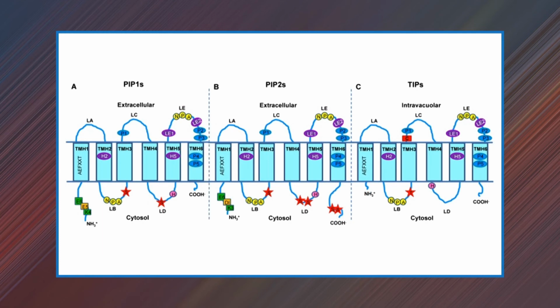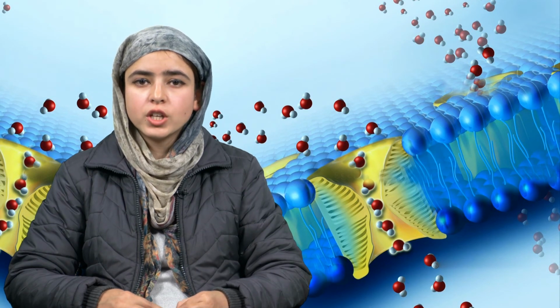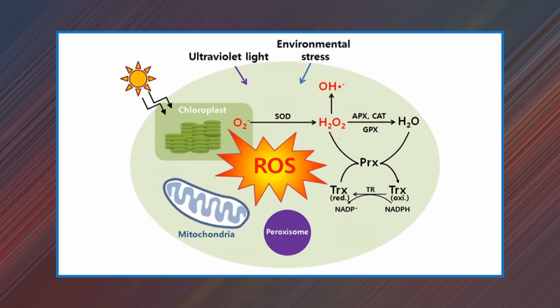Consistent with the ability of tonoplast intrinsic proteins to transport H2O2 in yeast, transgenic overexpression or inactivation of these aquaporins can confer plant tolerance or sensitivity to oxidative stress, respectively.